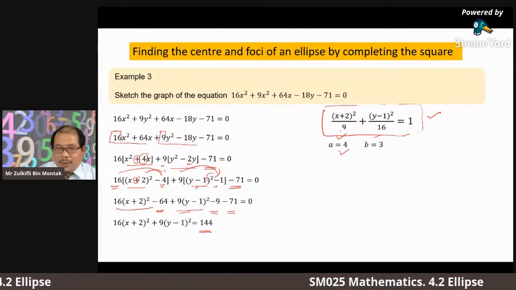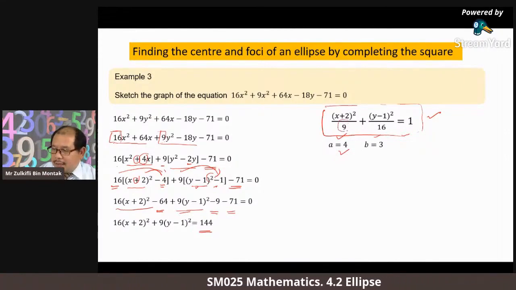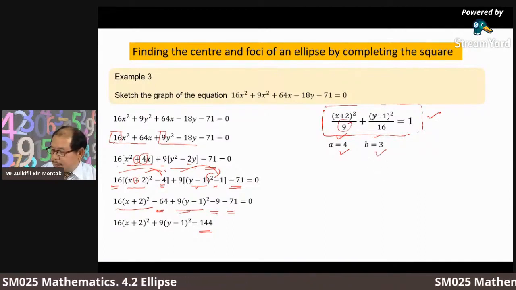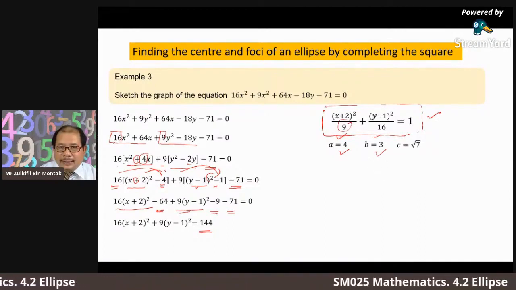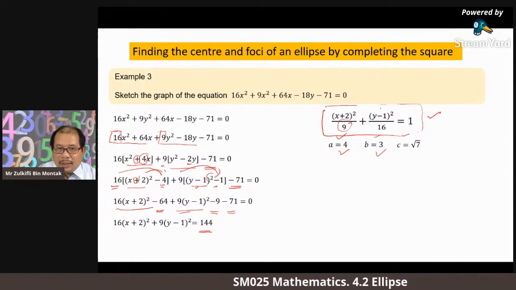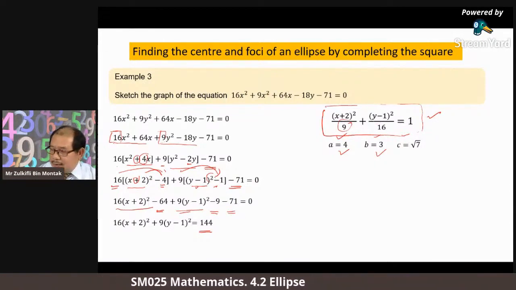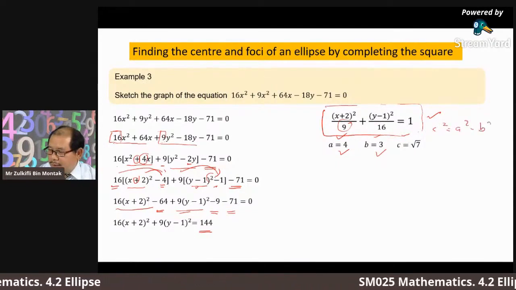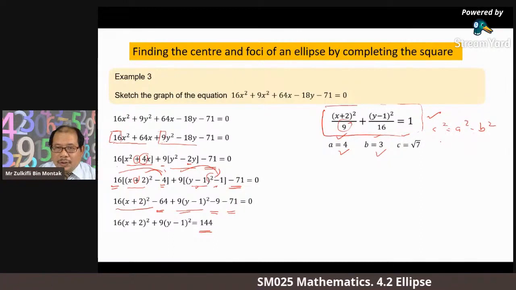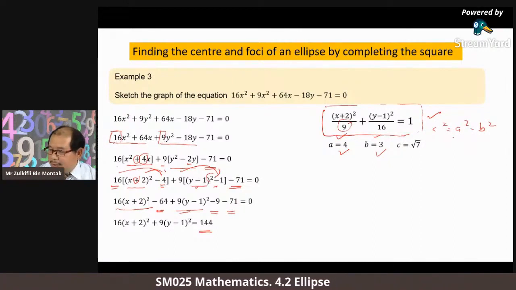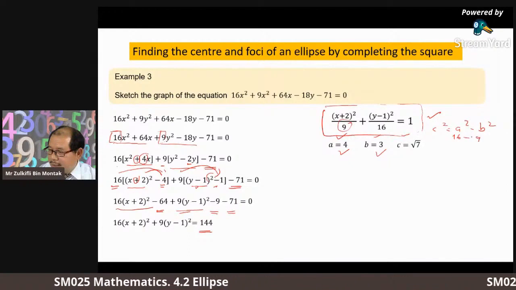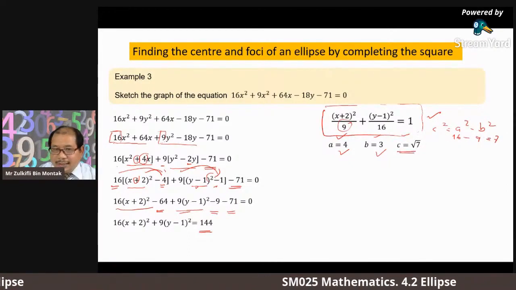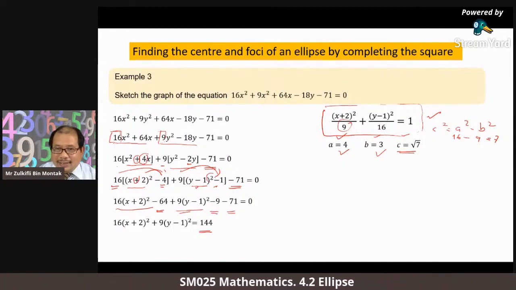And then b squared equals 9, so b equals 3. And then c squared equals a squared minus b squared. So 16 minus 9 equals 7. Therefore c equals square root of 7.